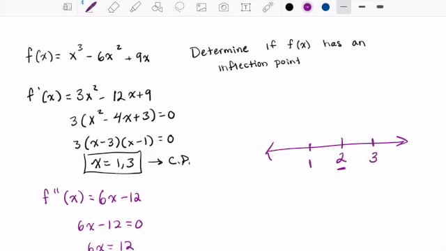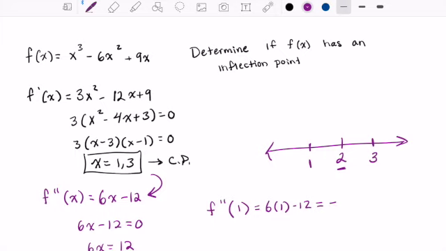Well, I like this example because 1 and 3 are actually our critical points. And so if we plug our critical points into the second derivative, it's going to tell us if we are concave up or concave down at that particular point. So if I say f double prime of 1, well, we get 6 times 1 minus 12.